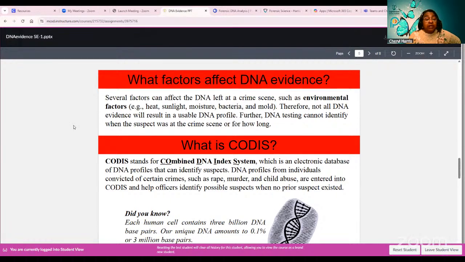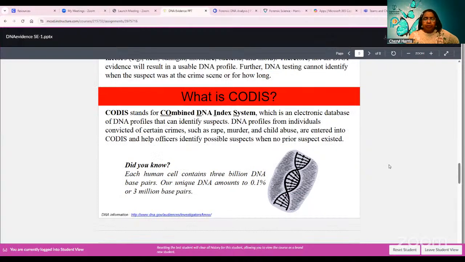Therefore, not all DNA evidence will result in a usable profile. Further, DNA testing cannot identify when the suspect was at the crime scene or for how long. So that part of it, it's no good for. It's just good for identifying the person, but not time of death or how long it took them to commit the crime, that sort of thing.